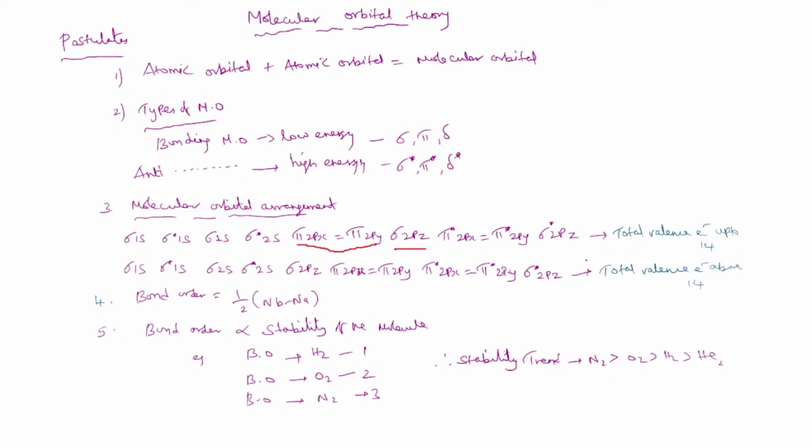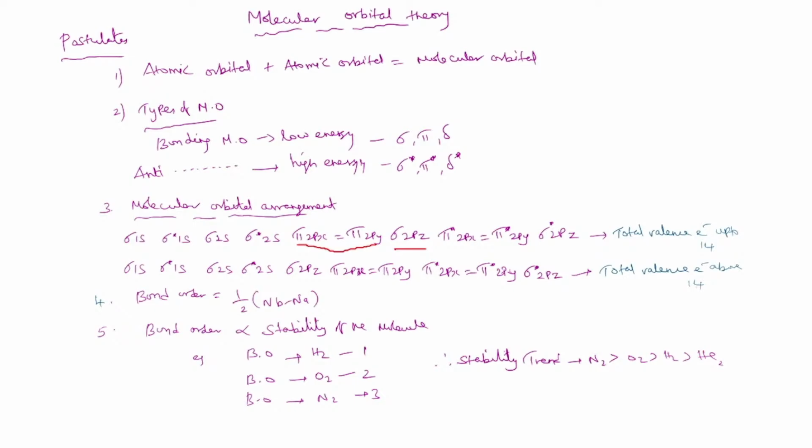NB is called the number of electrons in bonding molecular orbitals. NA is called the number of electrons in anti-bonding molecular orbitals. Understood?